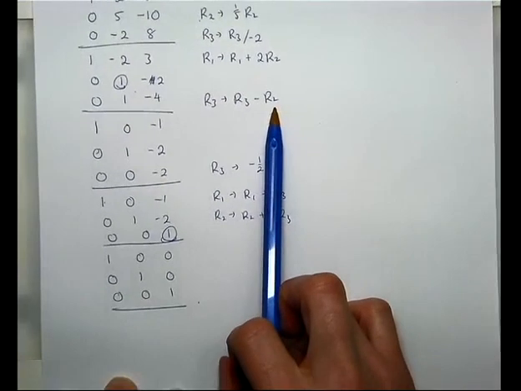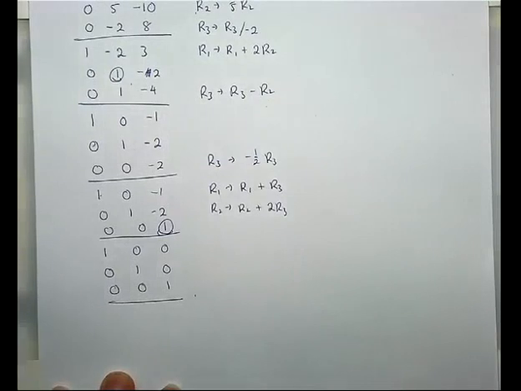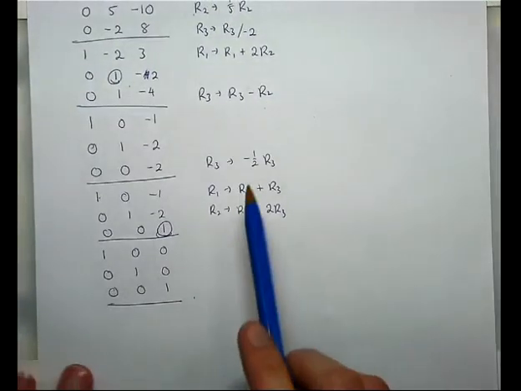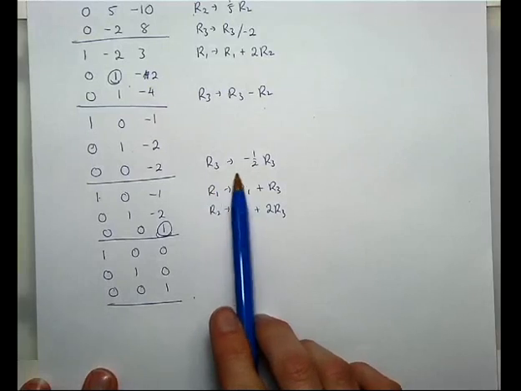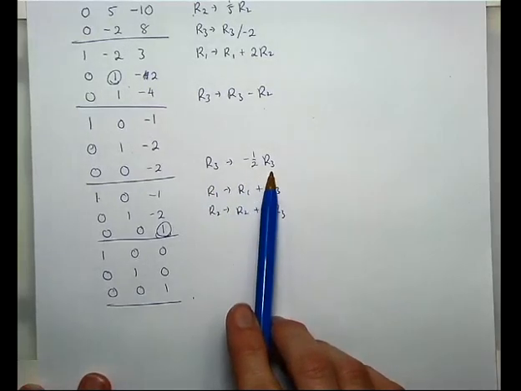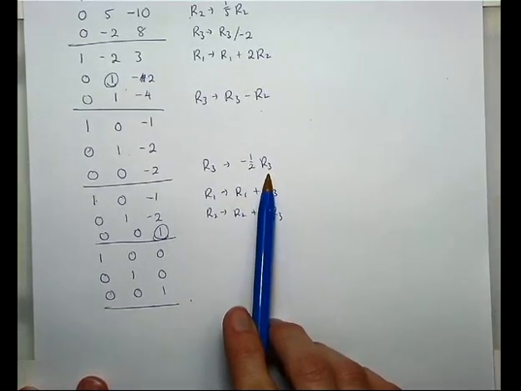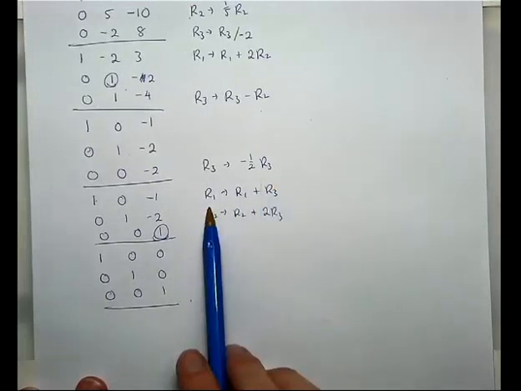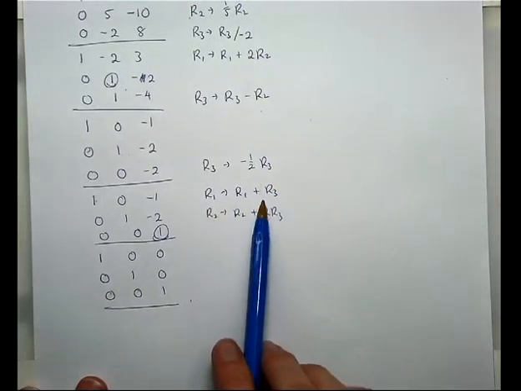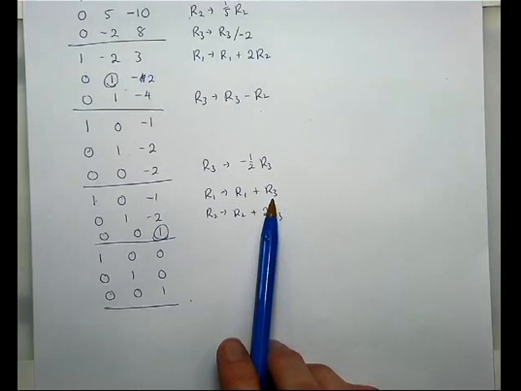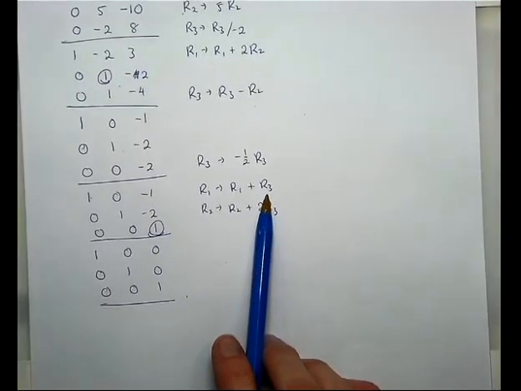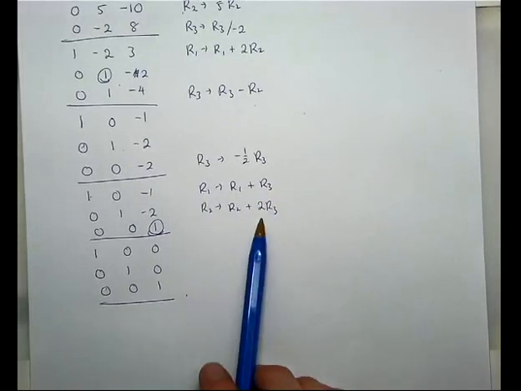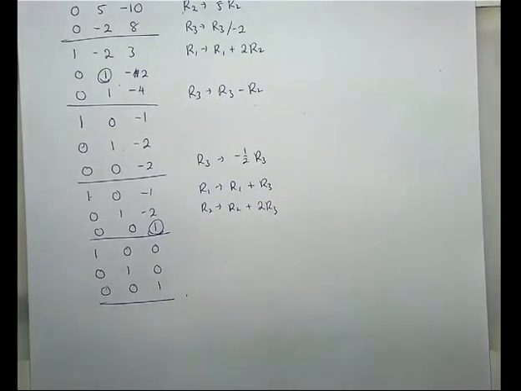Maybe I'll be a bit neater as well. This one's row 3 goes to minus a half row 3. This one's row 1 goes to row 1 plus row 3. And that one's row 2 goes to row 2 plus 2 row 3s.